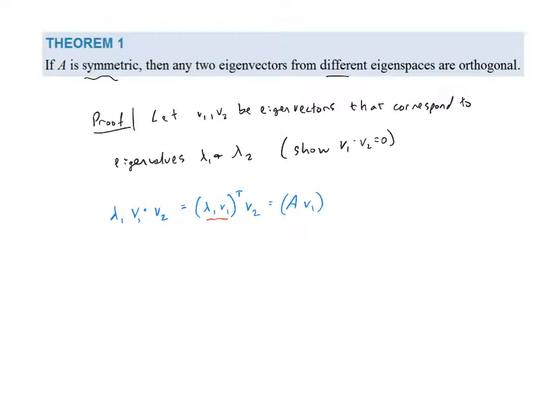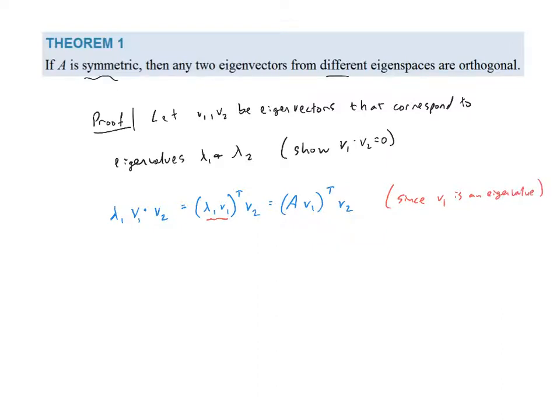That's the eigenvalue definition, basically. A v1 transpose times v2. So we're making a substitution. A v1 equals lambda 1 v1 is our initial chapter 5 relationship for eigenvalues. And so I'll write a reason here, since v1 is an eigenvector.